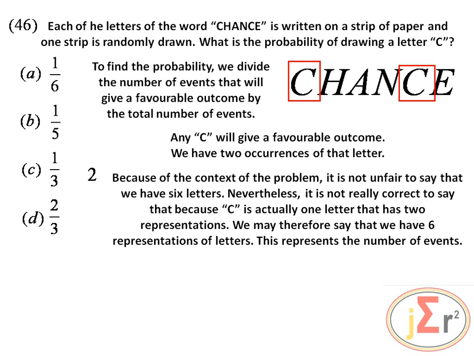So, it is not 100% correct to say that we have 6 letters, but that we have 6 occurrences of letters. And we have no doubt 2 occurrences of the letter C right there. So 6 will be the total number of equiprobable events, and 2 the number of events that will give a favorable outcome.